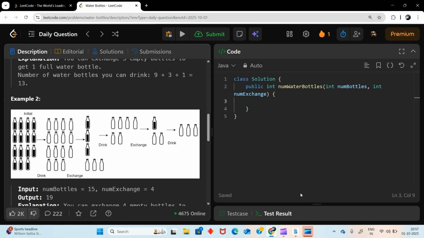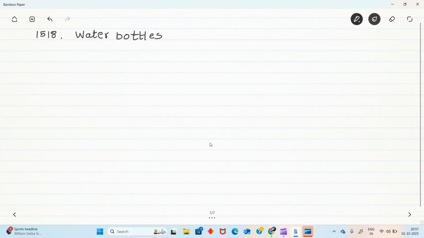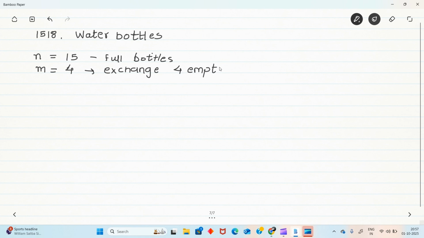So let's see another example. Let's take number of bottles as 15, and the number of empty bottles we can exchange is 4. So in total we have 15 full bottles, and we can exchange 4 empty bottles with one full.